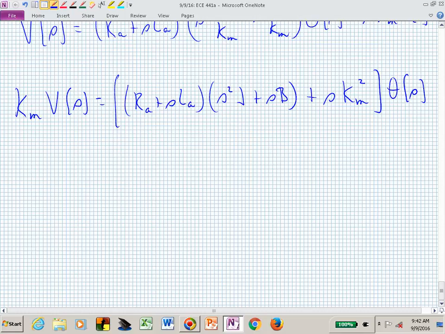And if you're really paying attention, you might see that there's a common s in all of those terms that I can factor out. So let me factor one of those s's out. And I'm now left with R sub a plus s L sub a, times s J plus b, plus k sub m squared.